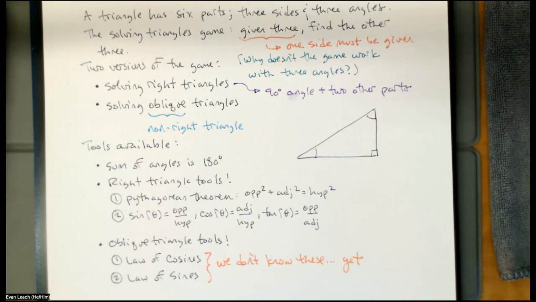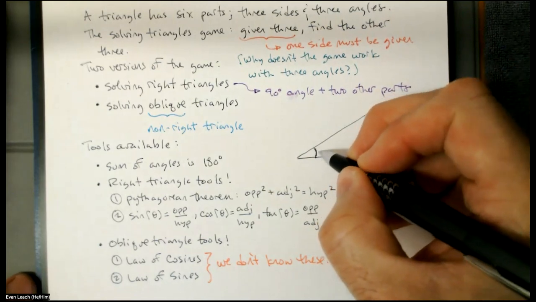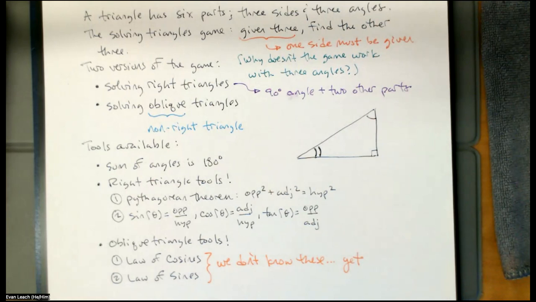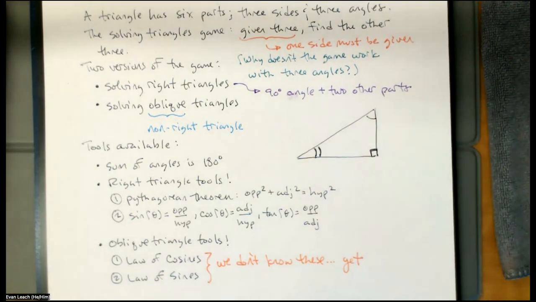Let's make some conventional stuff. I want to set up some conventions that we'll have in a right triangle. So we're playing the solving right triangles game. That means one of the pieces of information that you're given is a right angle. Opposite the right angle is going to be the hypotenuse, that will always be c. That's normal.